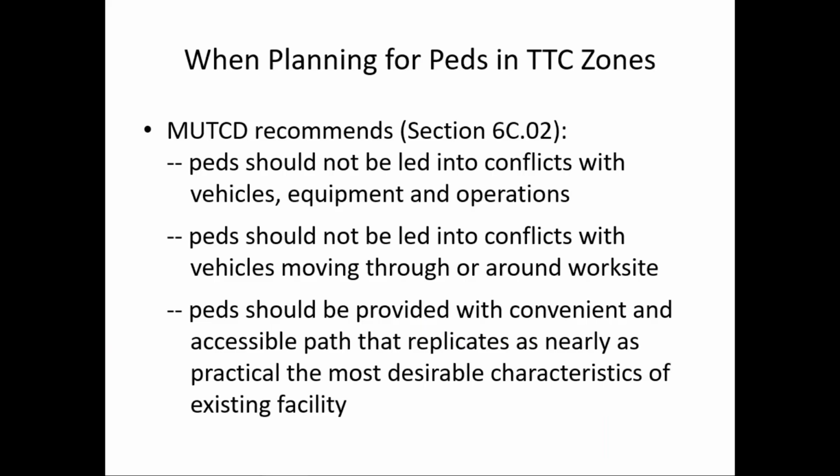You have that detectable edge so visually impaired pedestrians can find their way and not accidentally get into an area maybe where materials are stored or equipment's moving, that sort of thing. Don't lead pedestrians into conflicts with vehicles moving through or around the work site. And provide pedestrians with a convenient and accessible path that replicates as nearly as practical the most desirable characteristics of the existing facility.